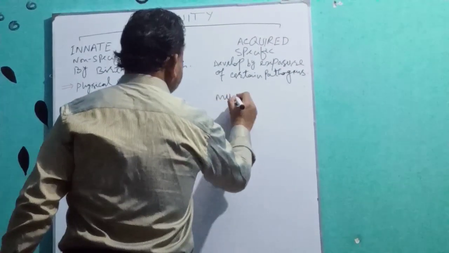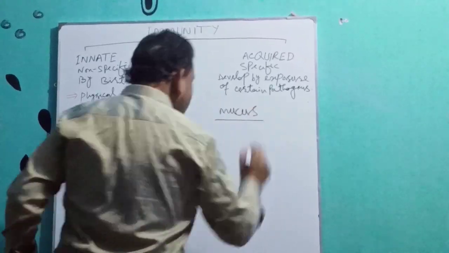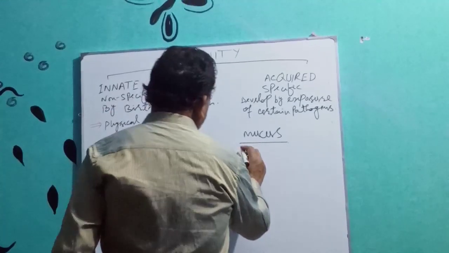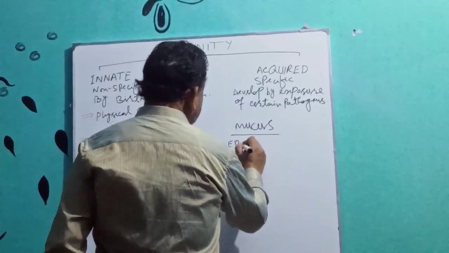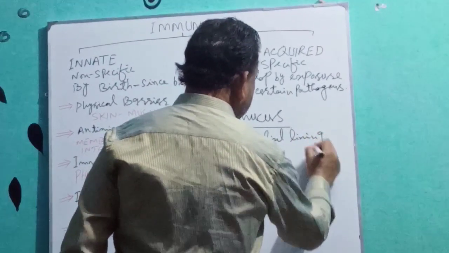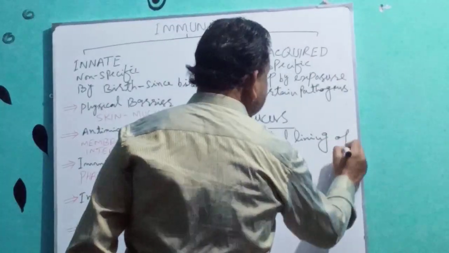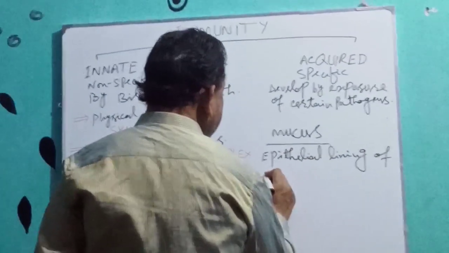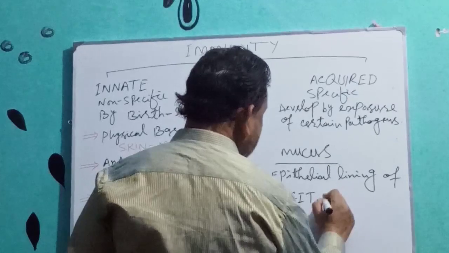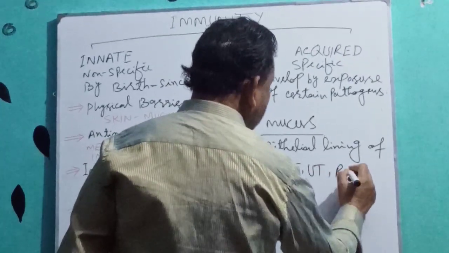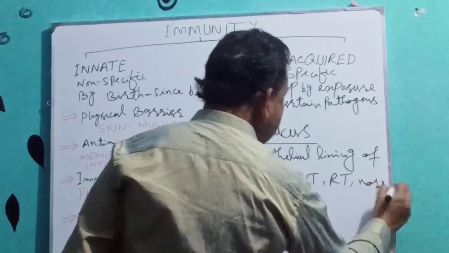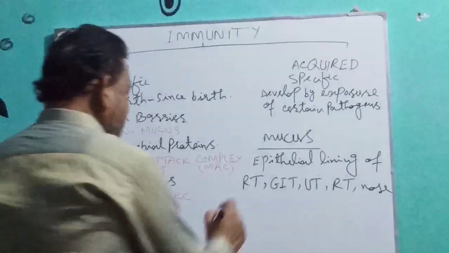The mucus cells are present in the epithelial lining of the respiratory tract, gastrointestinal tract, urinary tract, and reproductive tract, and also in our nose and pharynx.